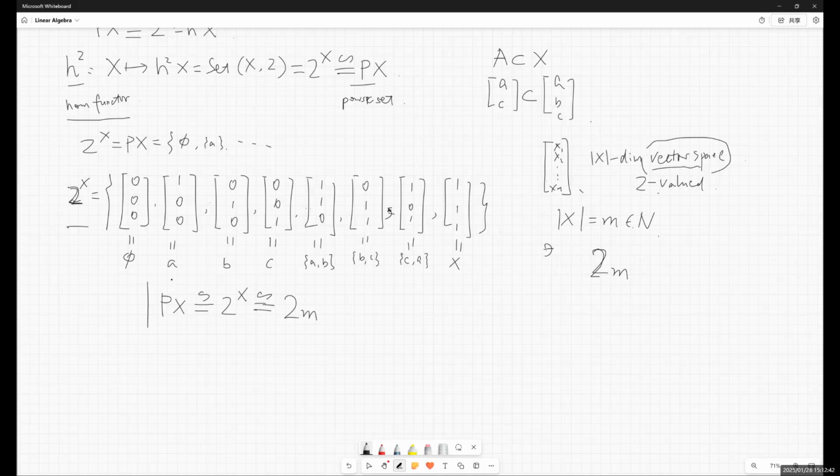So these terms can be interchanged without any trouble. We can see that the dimension of the power set, or the dimension of the set of characteristic functions, or the dimension of the vector space is M. M is the cardinality of the set X.